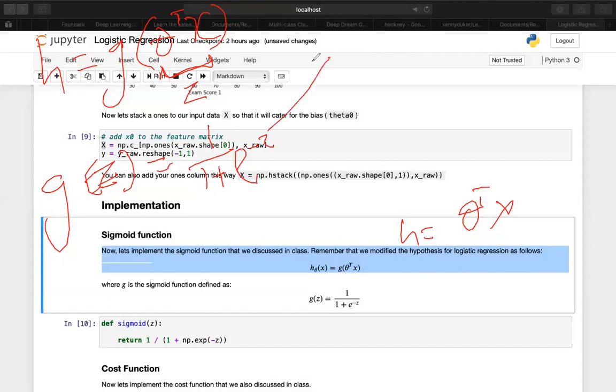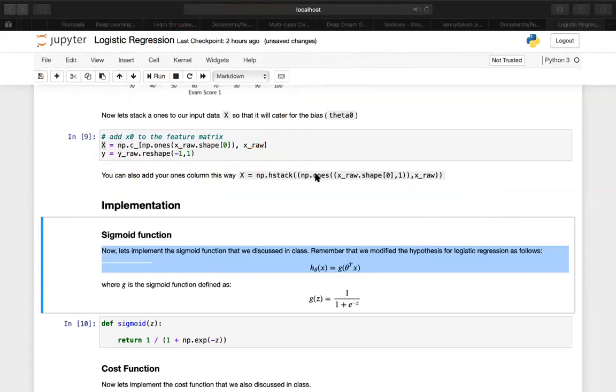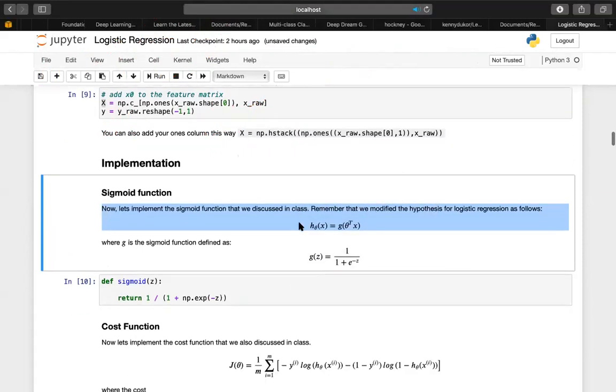And this z is equal to theta transpose times x, right? So this is our sigmoid function. This is more or less what we use to estimate or get the hypothesis here. And we have to define it as a function. So the next step is to define it as a function.